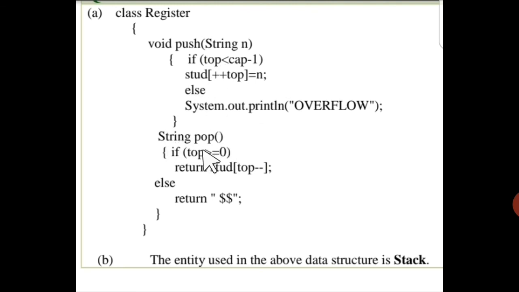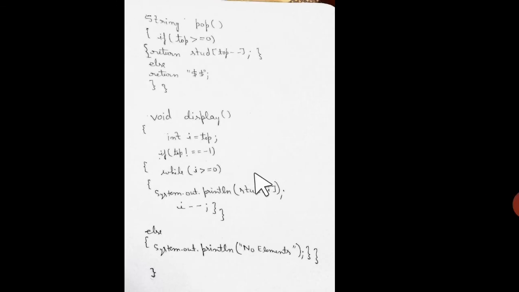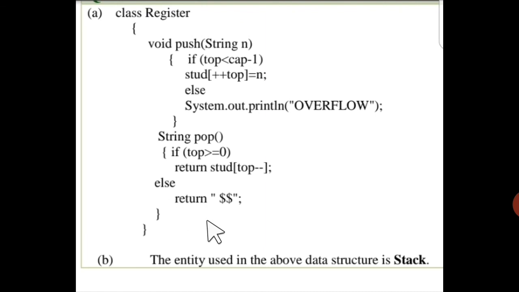Then String pop: if top is greater than or equal to 0, return stud[top--]. And if no element is there, it will come to the else, and there return the dollar sign string, and this program is over.